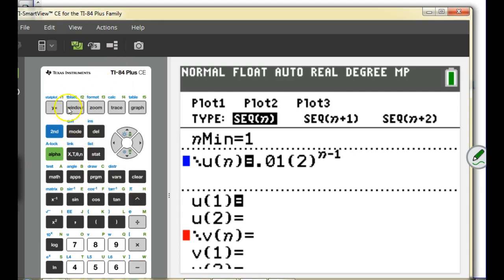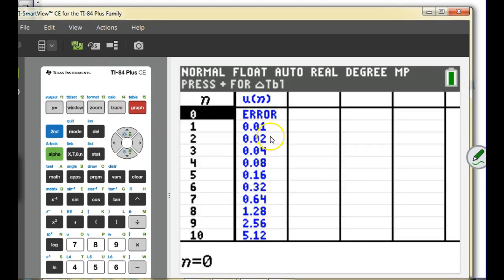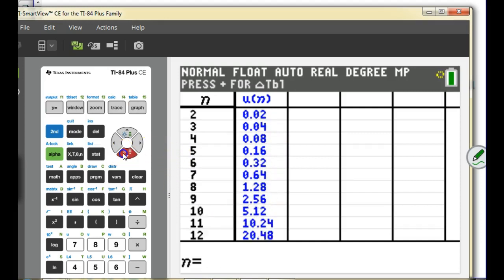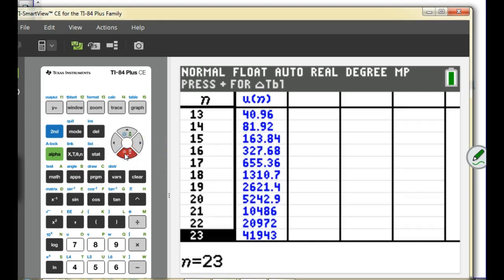Okay, now let's look at the sequence in the table. Look, we ain't making diddly, right? Until where? Where does it really get interesting? Okay, somewhere in here, it's like day 18, just for that day, you make over $1,000, right?